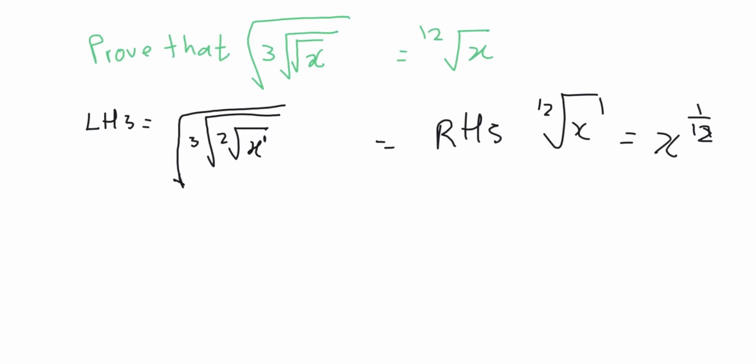Now can you see what we can do? We can change this, it can still be written as the root of 3, this x, and then 1 over 2. So these two can be written like that.